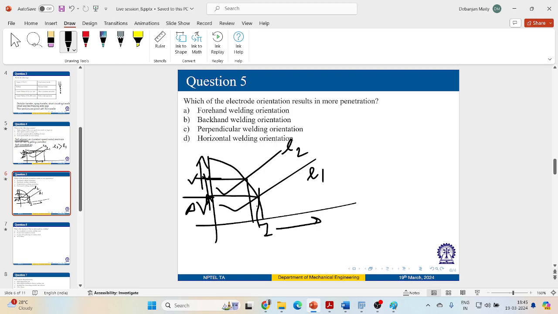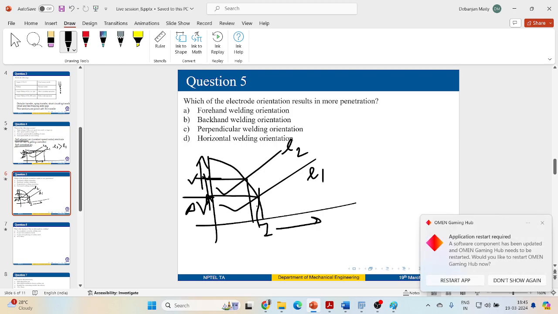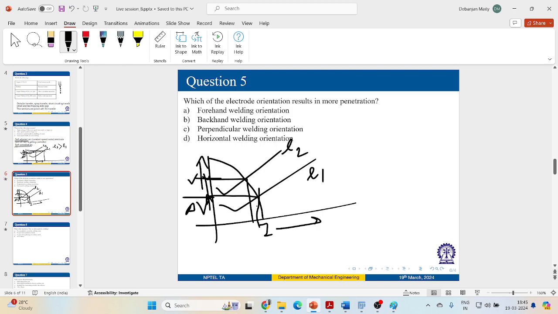Okay. So next, we'll try to understand different kinds of operating variables. We have already talked a lot about welding current, polarity, arc voltage, welding speed, even the electrode diameter, even the length of something called stick out. Those things we have already covered, right?